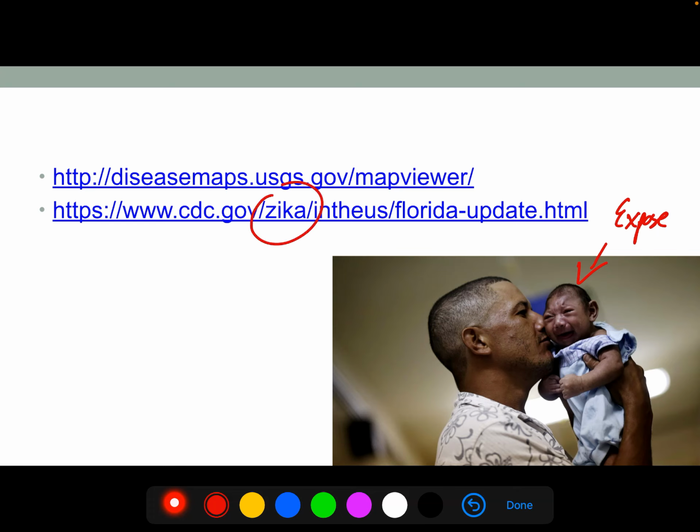And Zika gave normal, healthy adults just a little cold, just a viral infection. But if you were pregnant, and I remember this, it was a big deal, and it happened around the Brazilian Olympics, it could affect the baby forming in the mother's womb and cause microcephaly, which means underdeveloped skull size.